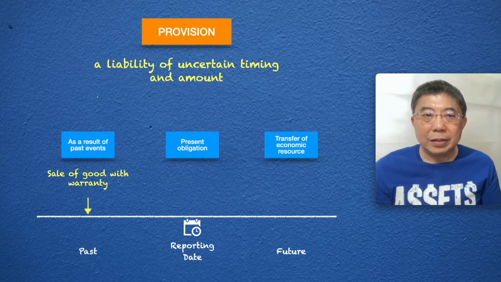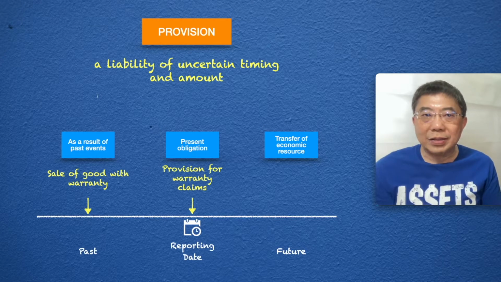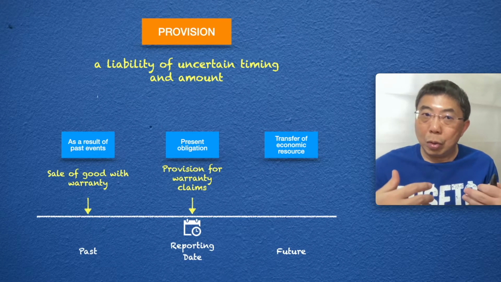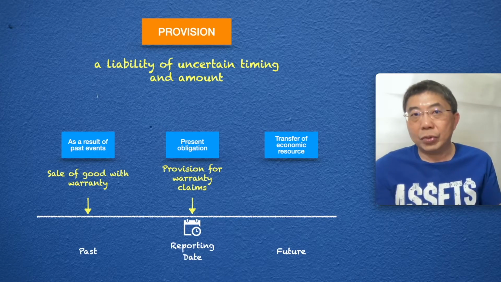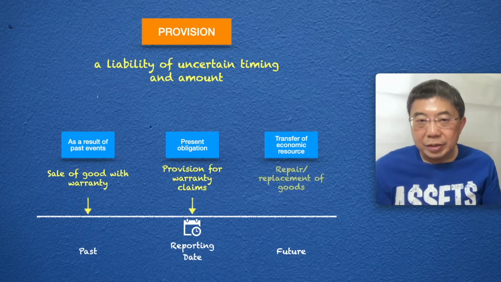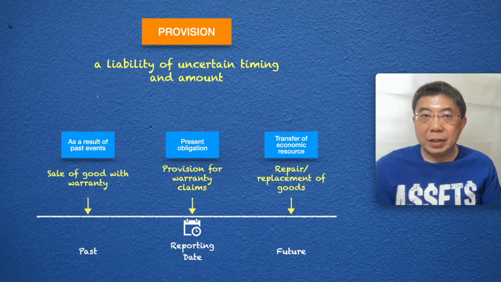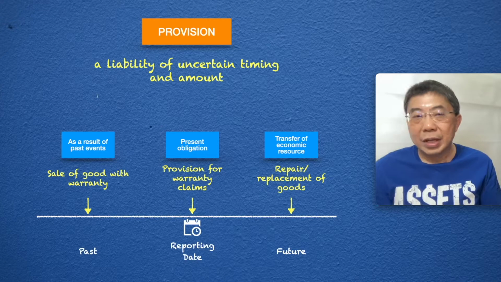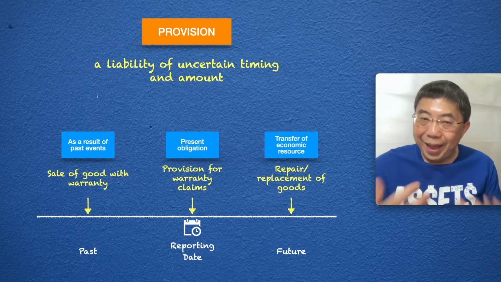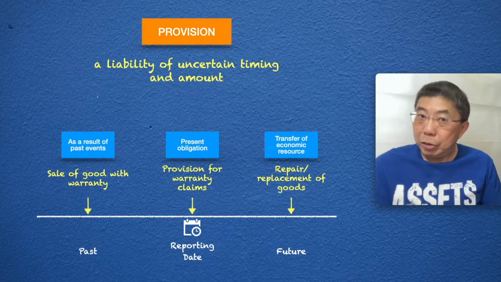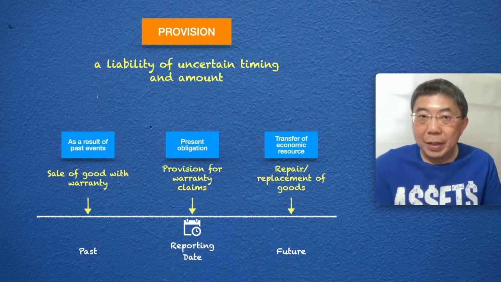As a result, this warranty has given rise to a present obligation to the business to honor this warranty for their product. This warranty would require the business to transfer economic resources in the form of repairing the products or replacing the products at no cost to the customer.